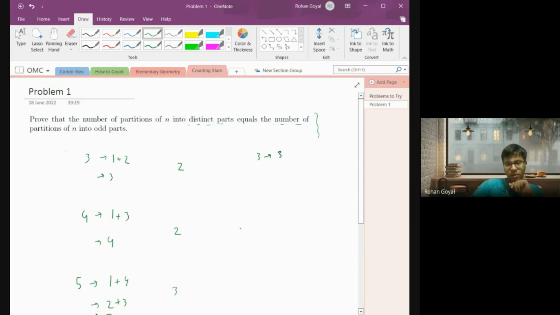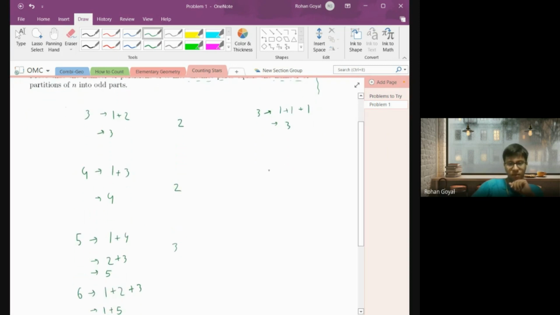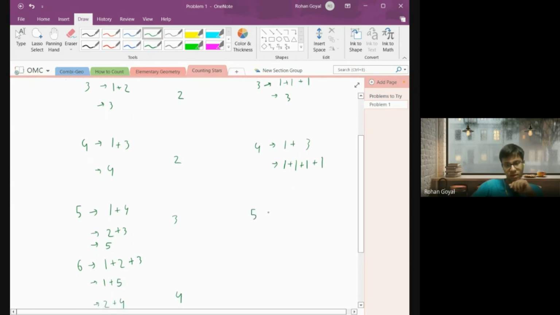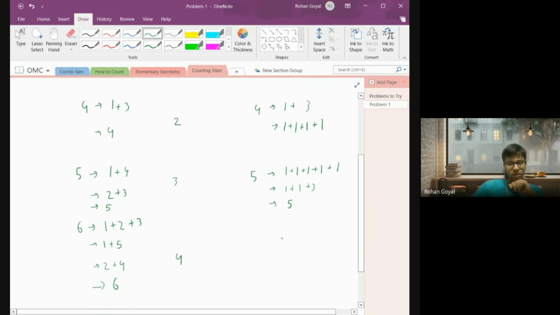So 3 can just get distributed as 3, or 1 plus 1 plus 1. 4 can get distributed as 1 plus 3 directly, and 1 plus 1 plus 1 plus 1. 5 can get distributed as 1 plus 1 plus 1 plus 1 plus 1, 1 plus 1 plus 3, and 5. 6 can get distributed as.